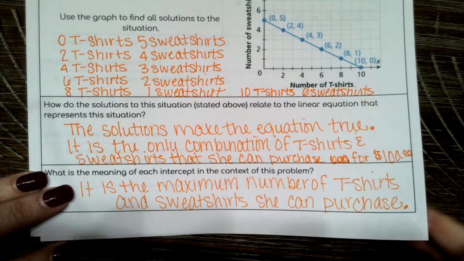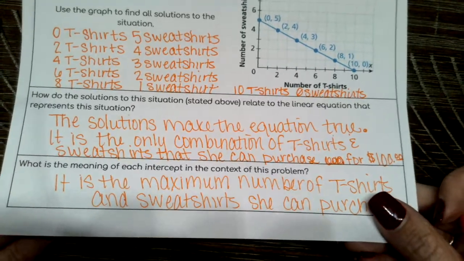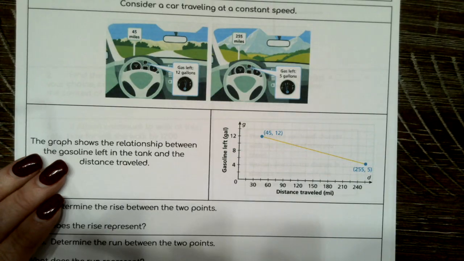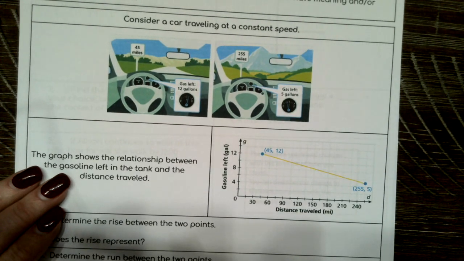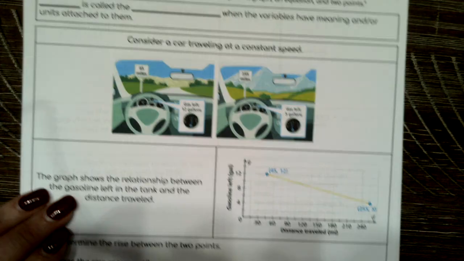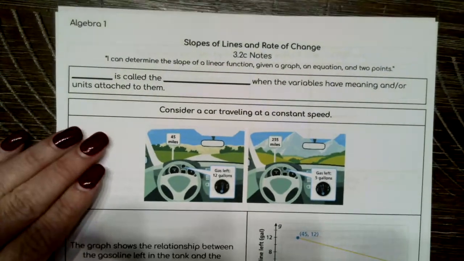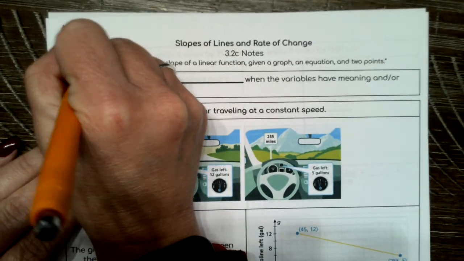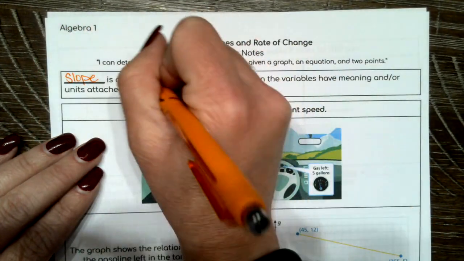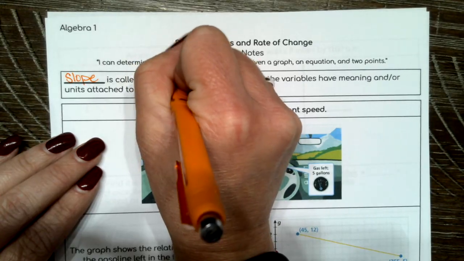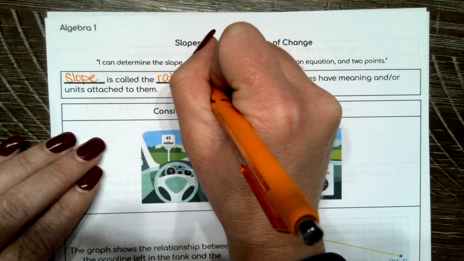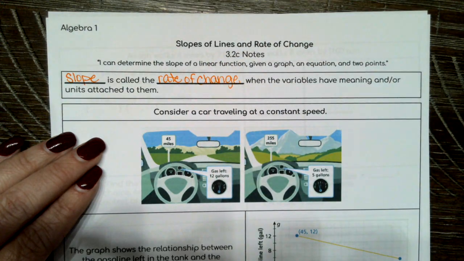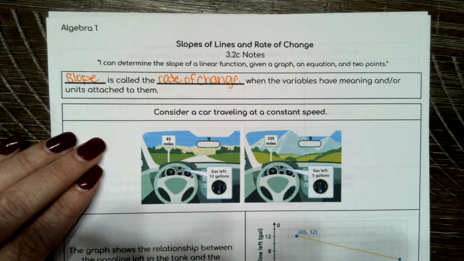All right. The next I can statement that we are going to look at is I can determine the slope of a linear function given a graph, an equation, and 2 points. Slope is called the rate of change when the variables have meaning and or units attached to them.